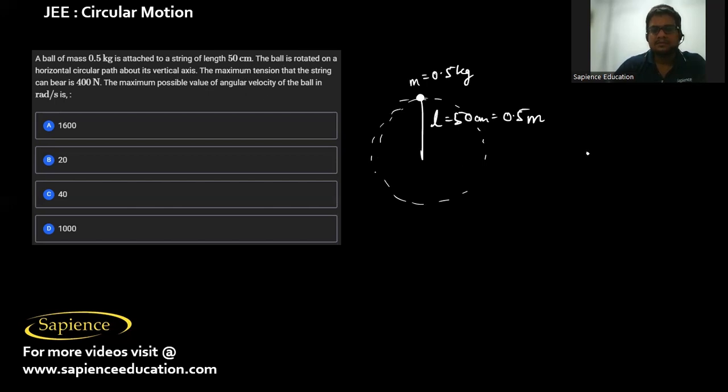It is somewhat like this. The maximum tension that the string can bear is 400 Newton. The maximum possible value of angular velocity of the ball in radian per second is?